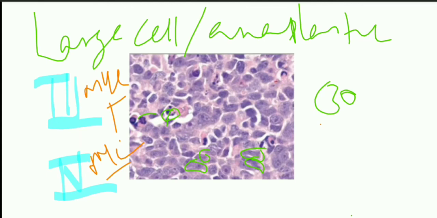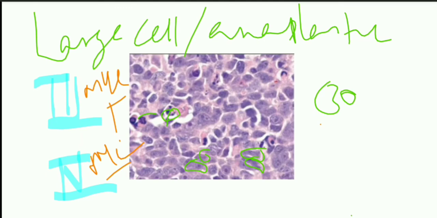Now the points from the pictures: one is the large cell variant, where you look for cell wrapping. Homer Wright pseudorosettes you see in which type? Classical type. In the desmoplastic variant you can see dark and pale zones.